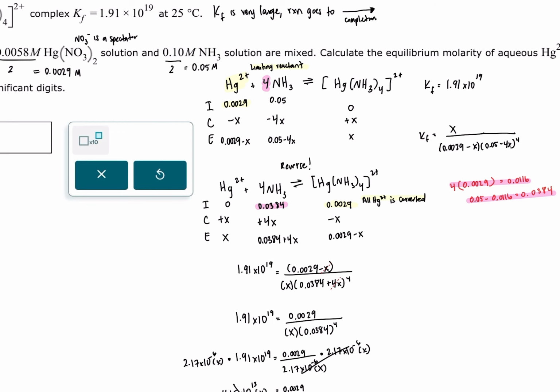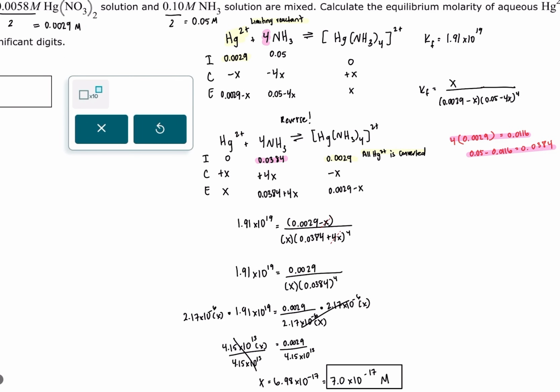So once we do that, and we set up our actual expressions here, we just need to solve for x, and that's just algebra. There's multiple ways for you to do it. What I did is I just multiplied this out, so I did 0.0384 to the 4th, and then that gave me this number. And then I kept the x on there. I just multiplied it out on both sides so that it canceled these.